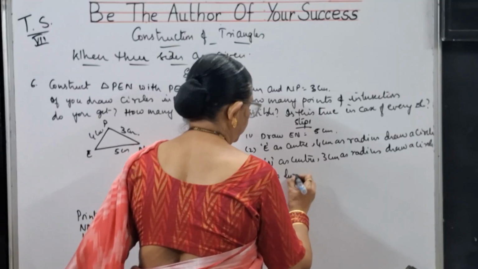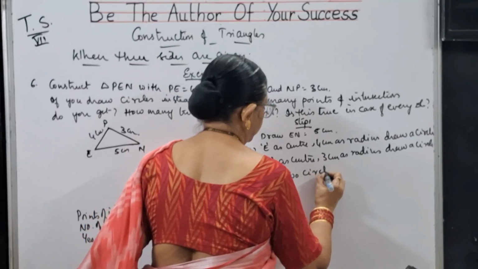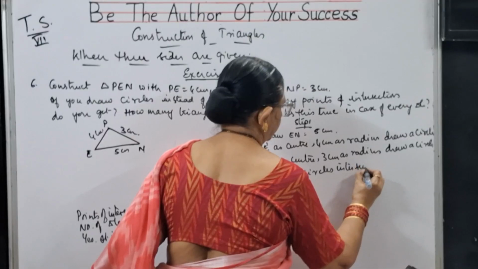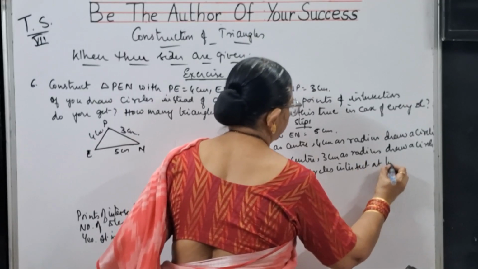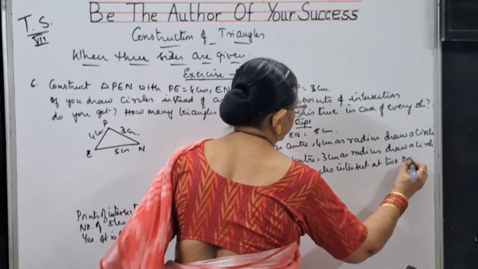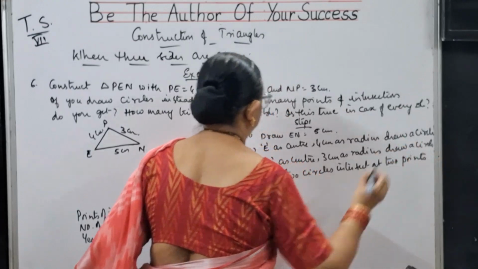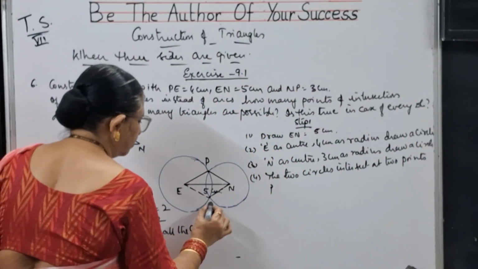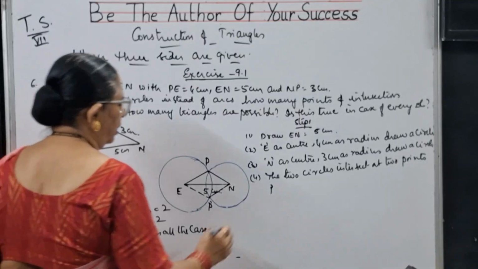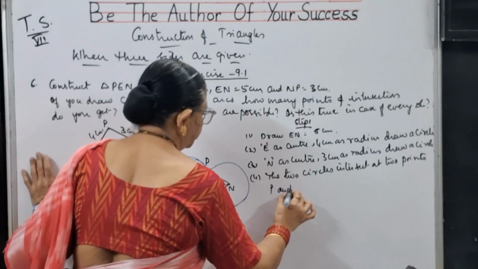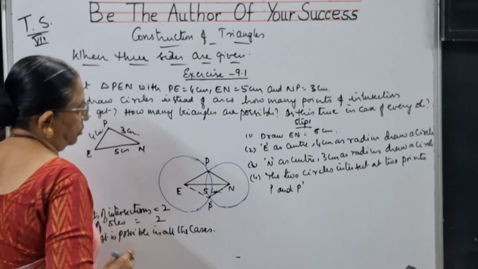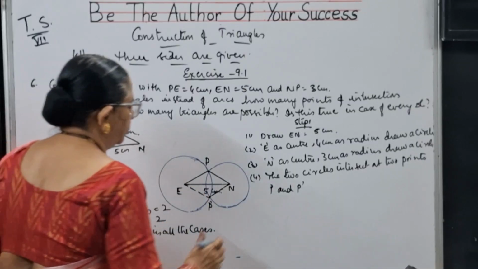Next point, the two circles intersect at 2 points, P and P dash. So these are two different points, P and P dash.